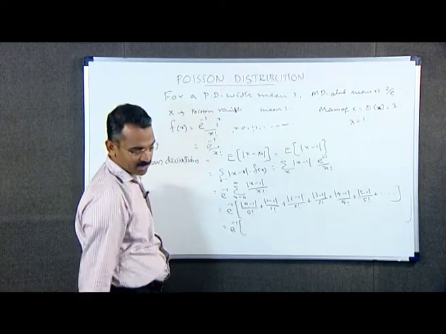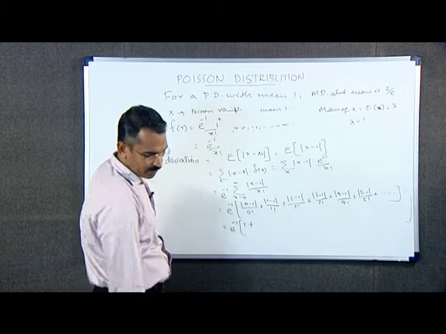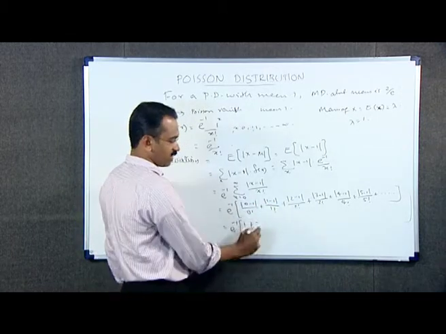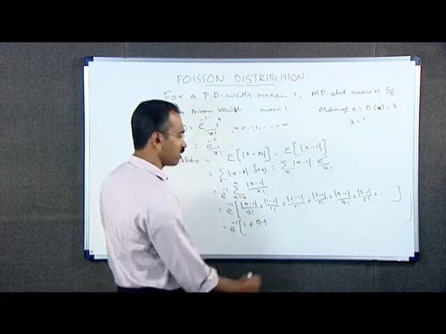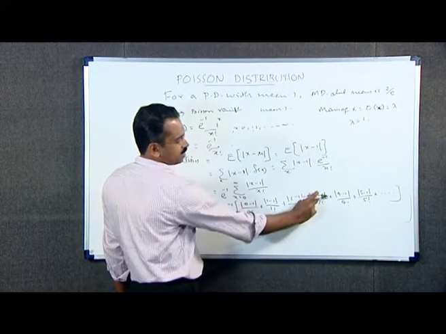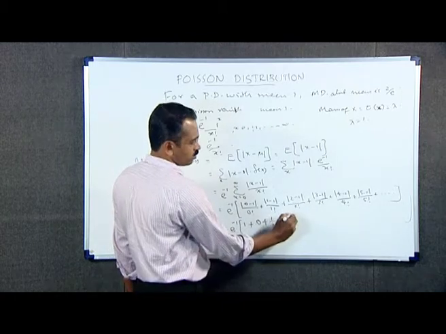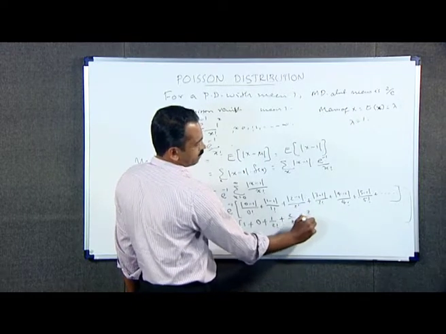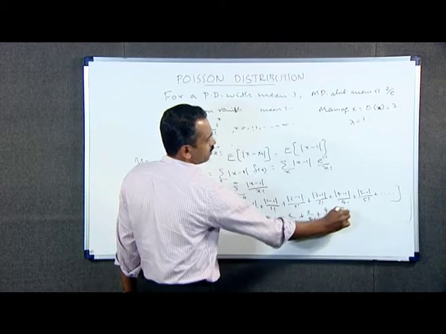Therefore, the first term is 1 plus, here 1 minus 1 is 0, 0 by 1 factorial is again 0, plus here 2 minus 1 is 1, modulus of 1 is 1, therefore 1 by 2 factorial, plus this term is 3 minus 1, modulus of 3 minus 1 is mod 2, that is 2 divided by 3 factorial, plus here 3 by 4 factorial plus 4 by 5 factorial plus etc.